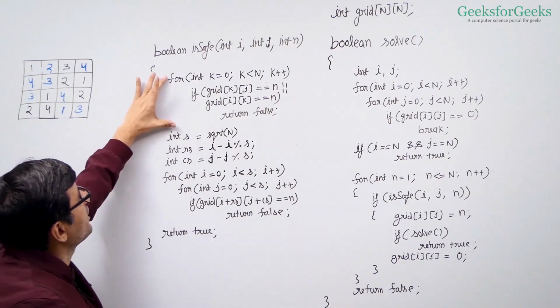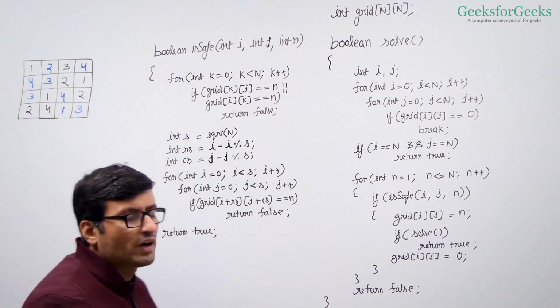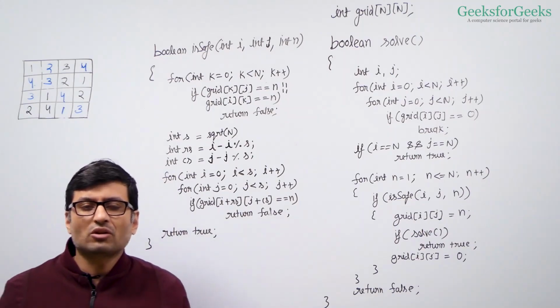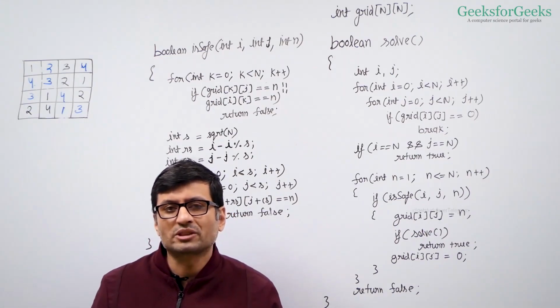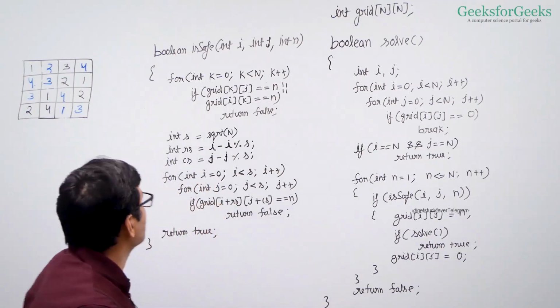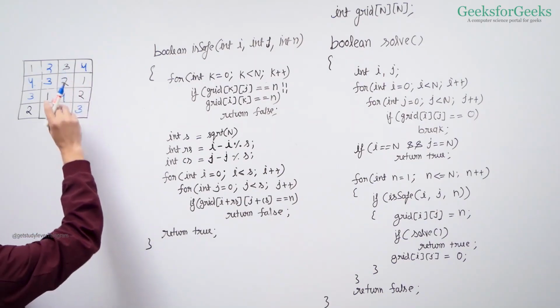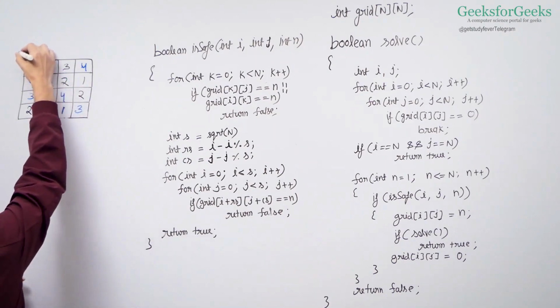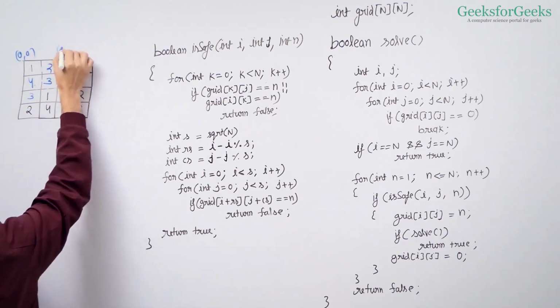If we do not find it in the current row and current column, then we check in the current grid. Now, how do I find coordinates of all the cells in a grid given a random cell? So the idea is this: every subgrid of size 2 cross 2 begins this way. See, this grid begins with 0, 0. This begins with 0, 2.